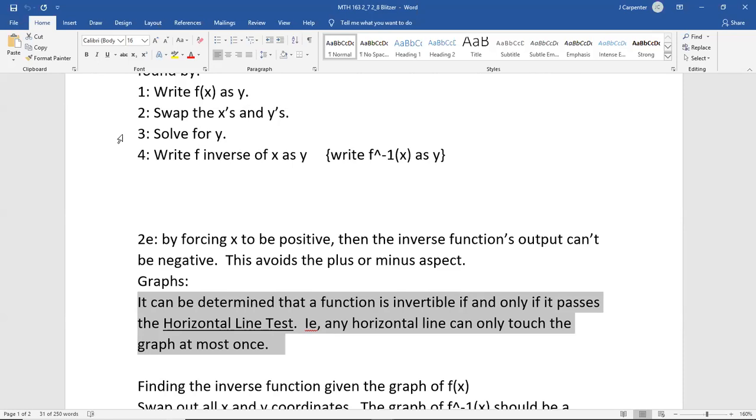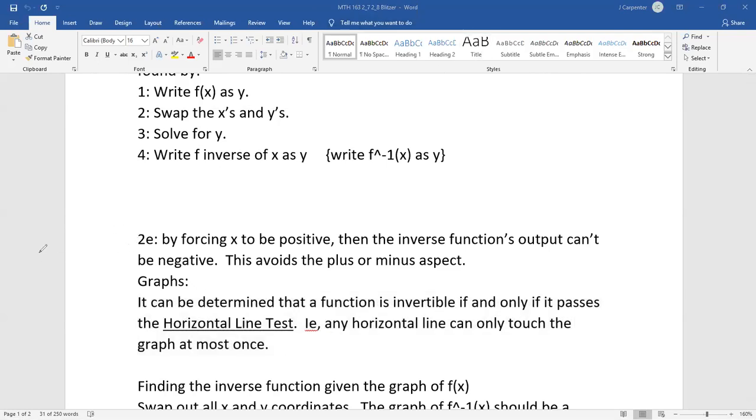So the horizontal line test is so because, well, with an inverse, we're swapping inputs and outputs. We're swapping x's and y's. So when we swap this, a vertical line becomes horizontal. So if you fail the horizontal line test of a regular function, that means you'll have... let's just keep this on the positive.